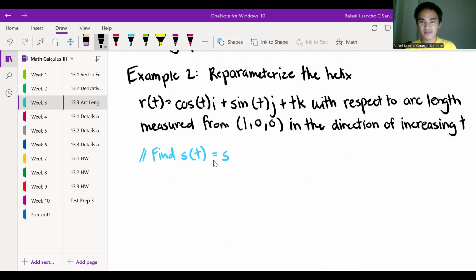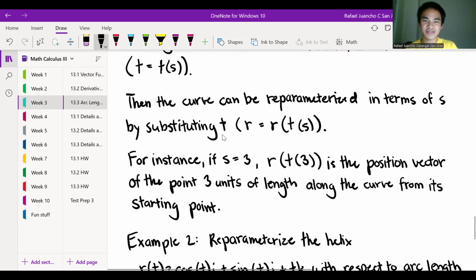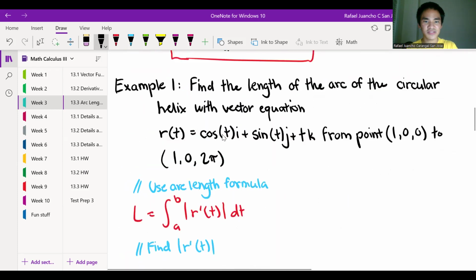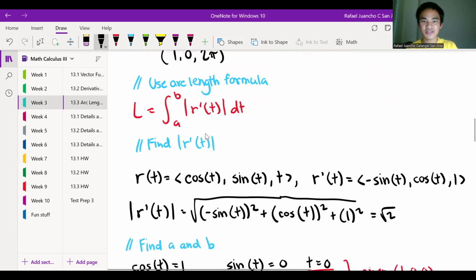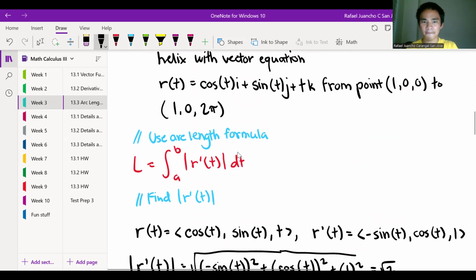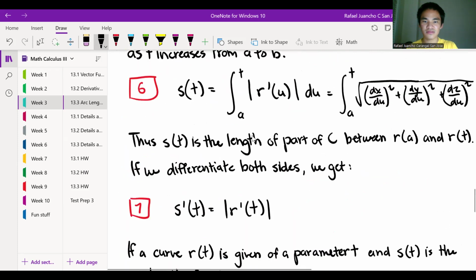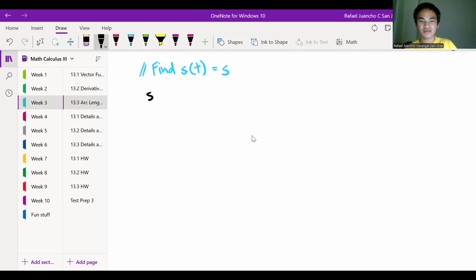This connects to our previous example, where r prime of t has length square root of 2. So s prime of t is square root of 2.